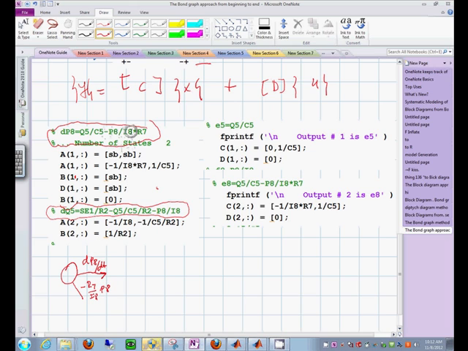And the other one that you have in here is q sub 5 divided by c sub 5.